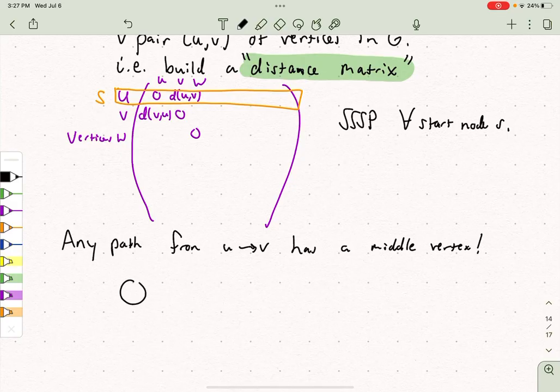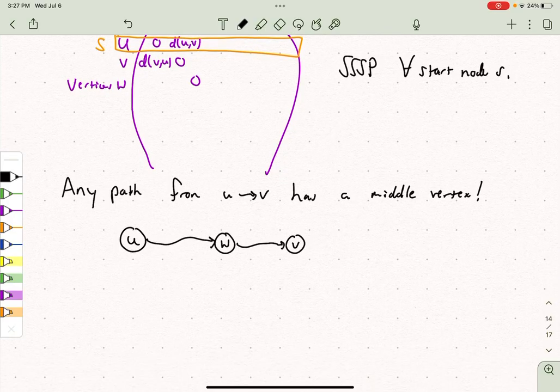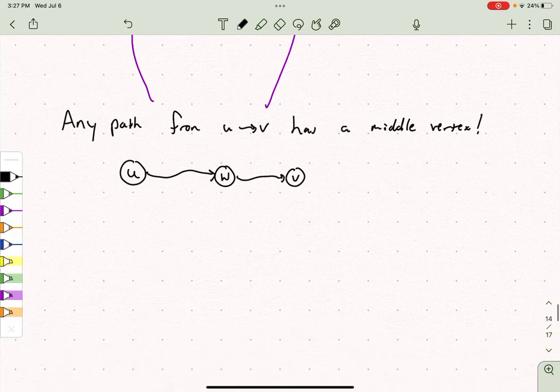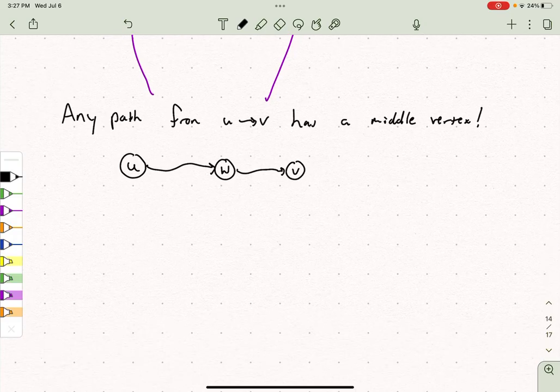In particular, if you had a path u to v, it has some intermediate node w, and then continues on to v. Now this isn't true if the shortest path from u to v has only a single edge, but that'll be our base case. So what do we want to define?